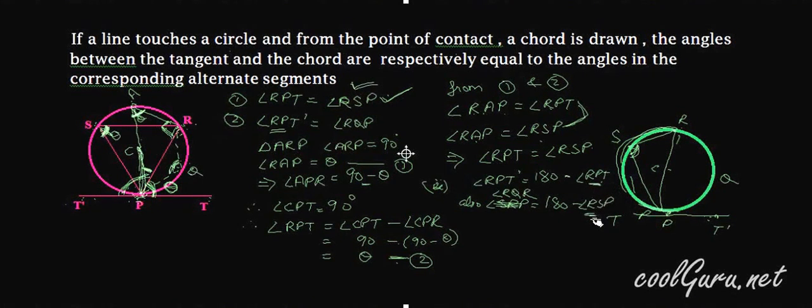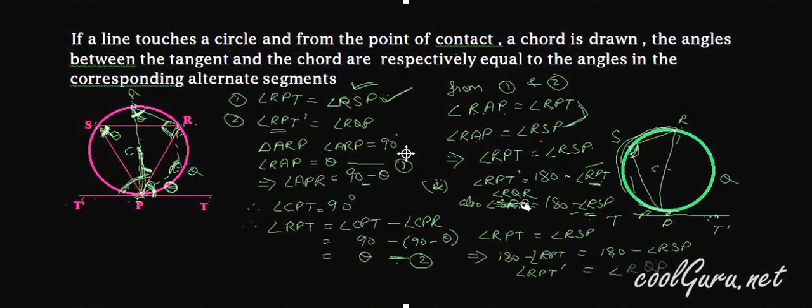So if RPT is equal to RSP, it implies 180 minus RPT is equal to 180 minus RSP. But 180 minus RPT is angle RPT dash, and 180 minus RSP is angle RQP. So second part is proved, that angle RPT dash is equal to RQP.